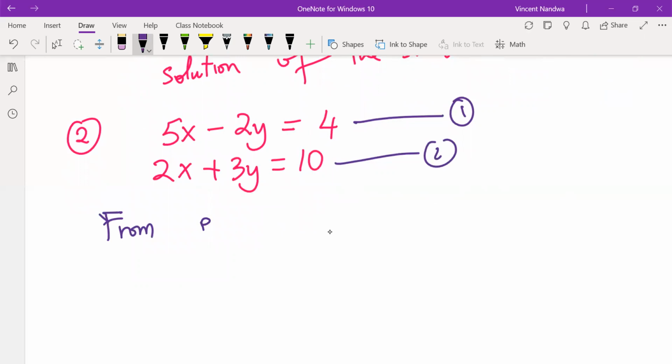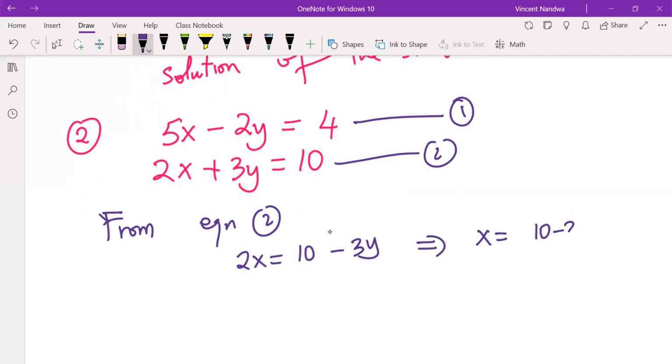So from equation 2, if we want to make x the subject, we'll have 2x equals 10 minus 3y, which means x will be (10 minus 3y) divided by 2. And I call this one equation 3.